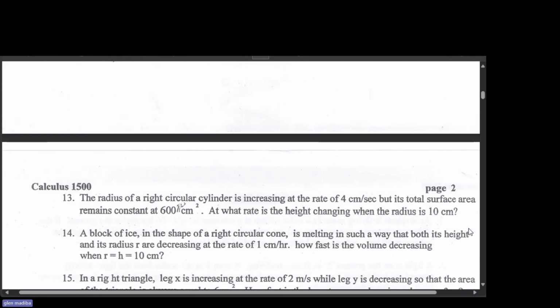How fast is the volume decreasing when r equals h, which equals 10 centimeters?